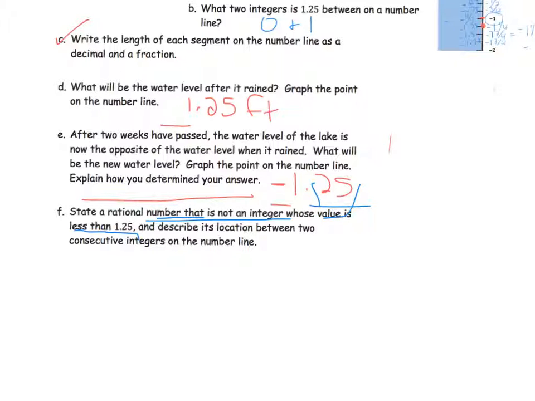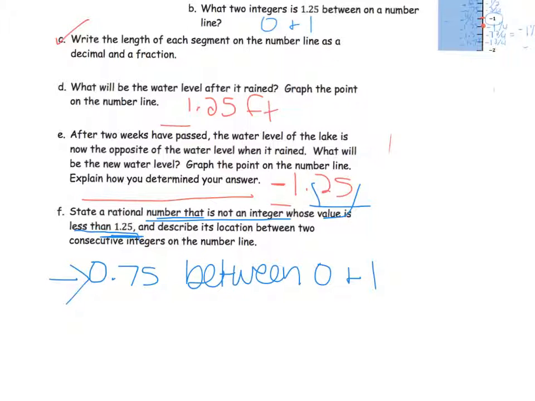So this one, there are many, many different answers. So I'm going to give you one example, but for your notes, I want you to write a different example. I would say a number that is less than 1.25 might be 0.75. 0.75 is between the 2 consecutive numbers, so it's between 0 and 1. So you think of a different one that is less than 1.25 and state which 2 numbers it is between.